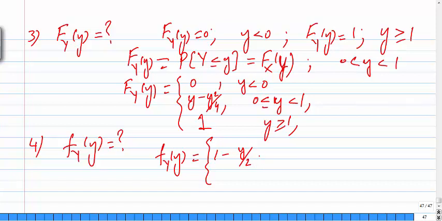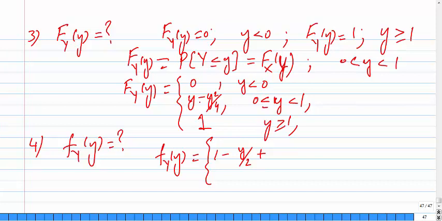Plus, when we put 1 here, it becomes 1 by 4. We just plug in the values and it becomes 1 by 4.